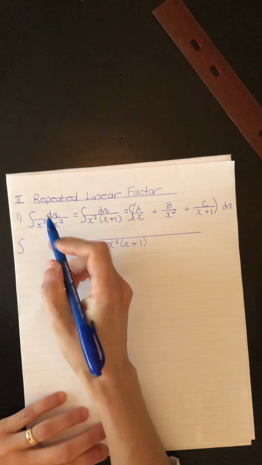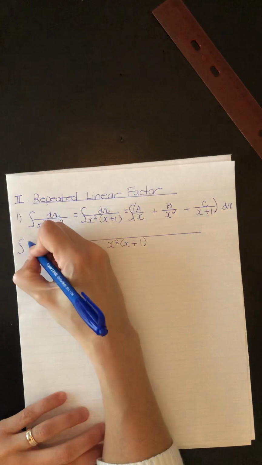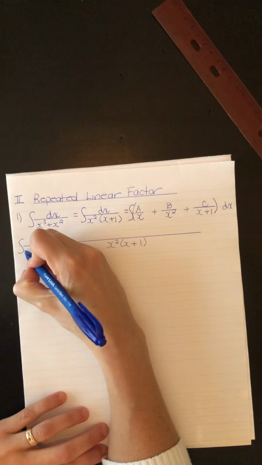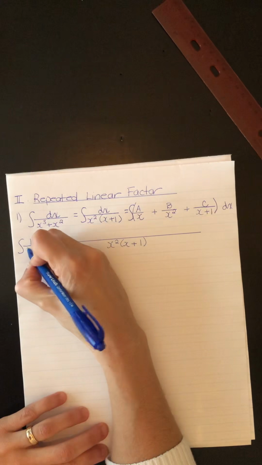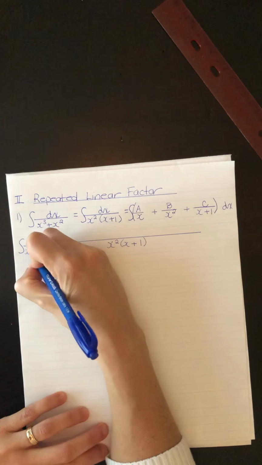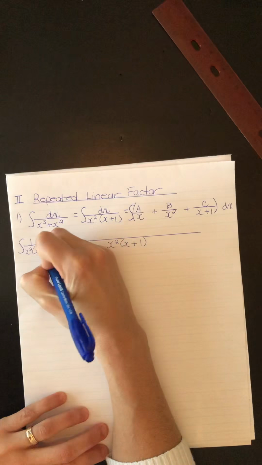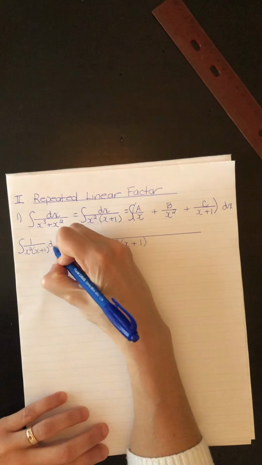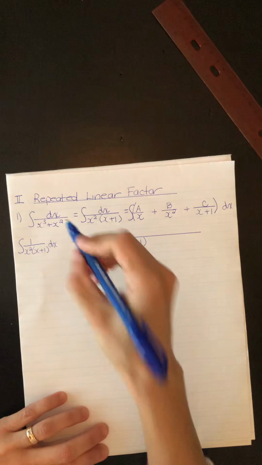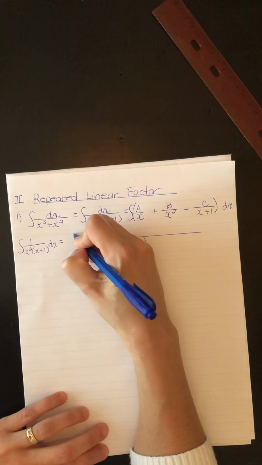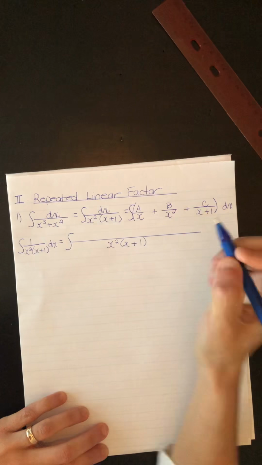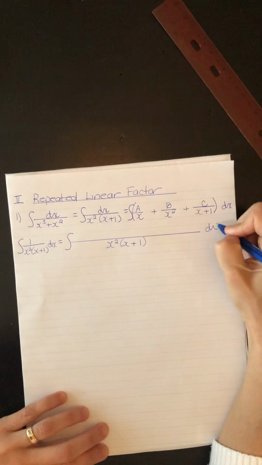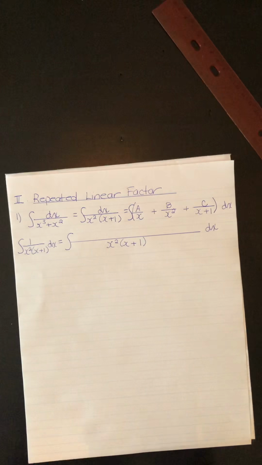Okay, the original integral can be rewritten like this, as I was saying, with just 1 in the numerator with the dx to the side.